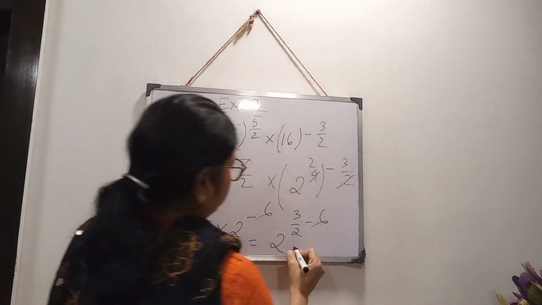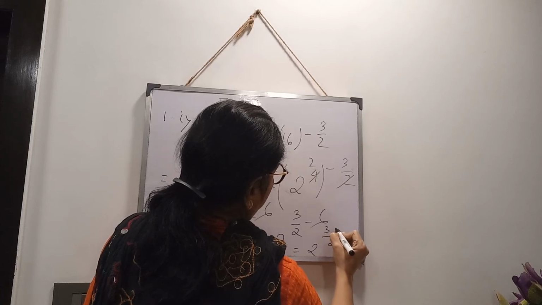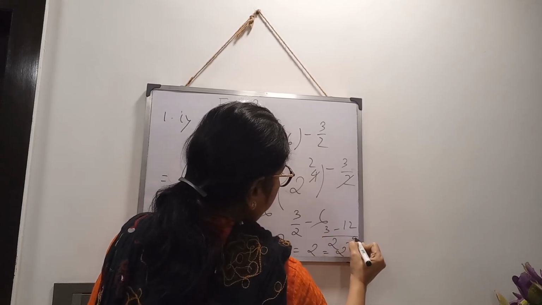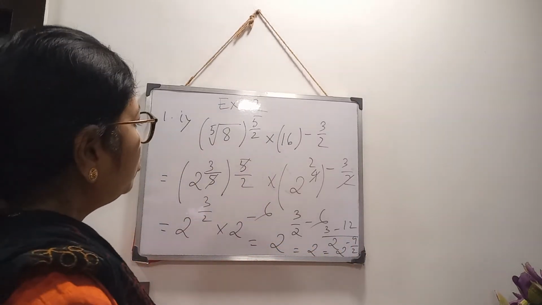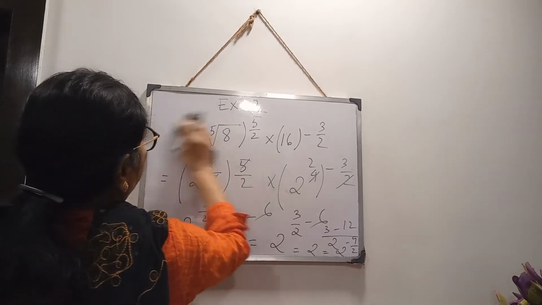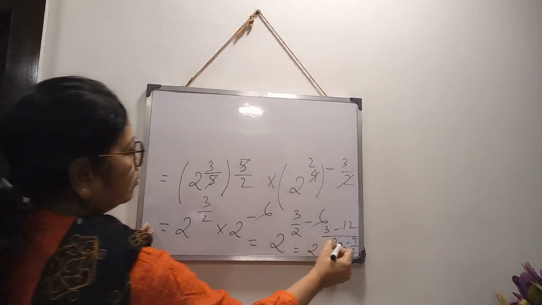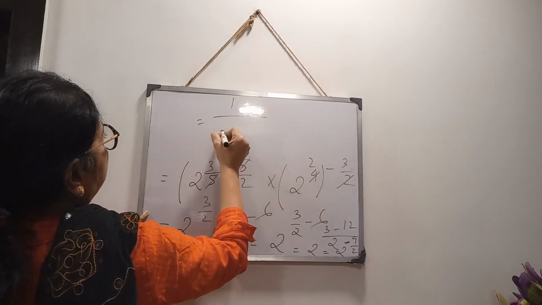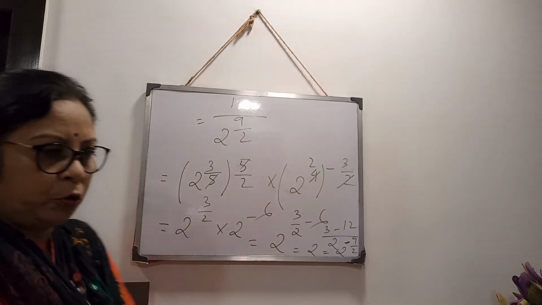Now we will take the LCM. 2 is the LCM. 3 minus 12. So 2 to the power minus 9 by 2. Here you also can end, or 2 to the power minus 9 by 2. One more step also you can write. Minus means it will be in denominator, 2 to the power 9 by 2.